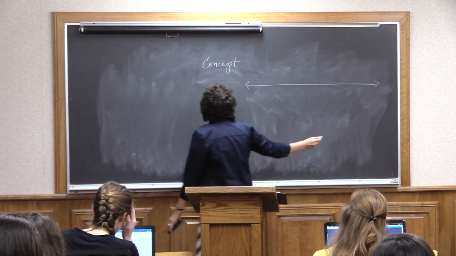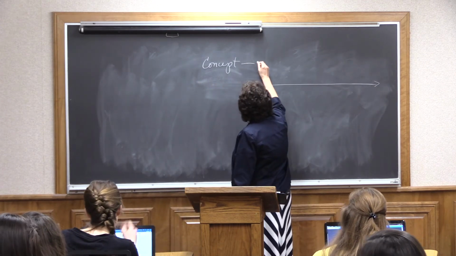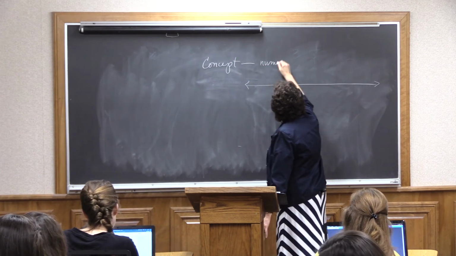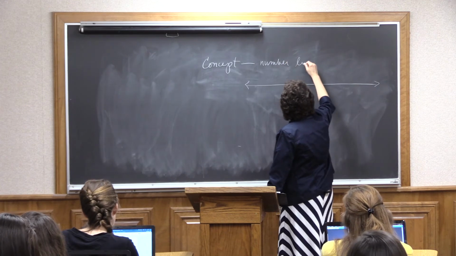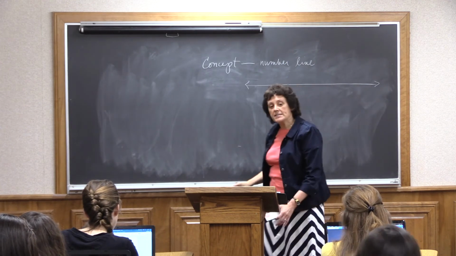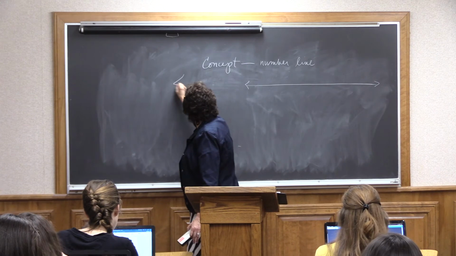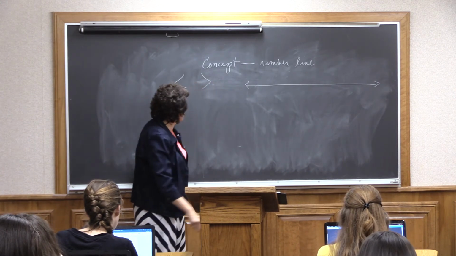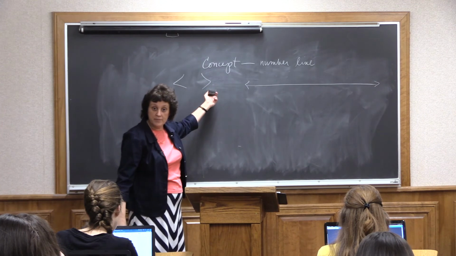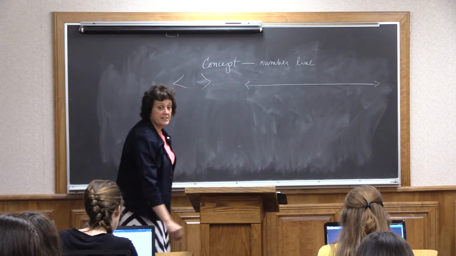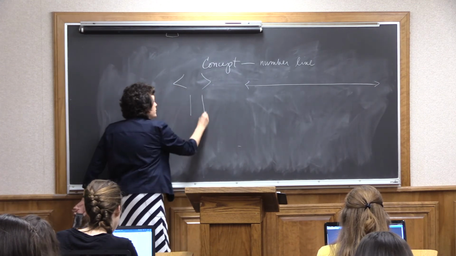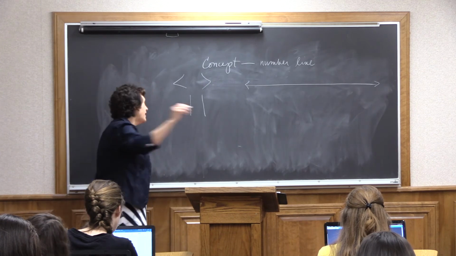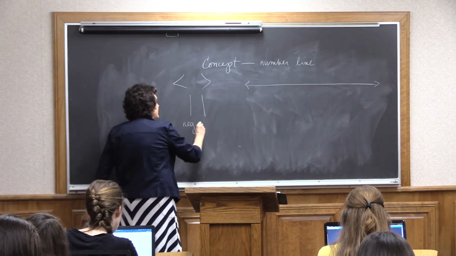All right, so the concept in the beginning is all going to be the number line. The number line is the basis for greater than or less than. It's the basis for less than and greater than. The number line is the basis for absolute value. The number line is the basis for negative numbers.